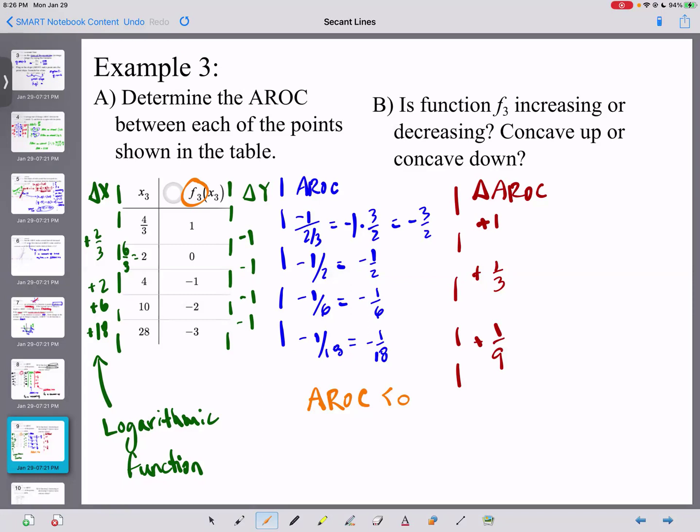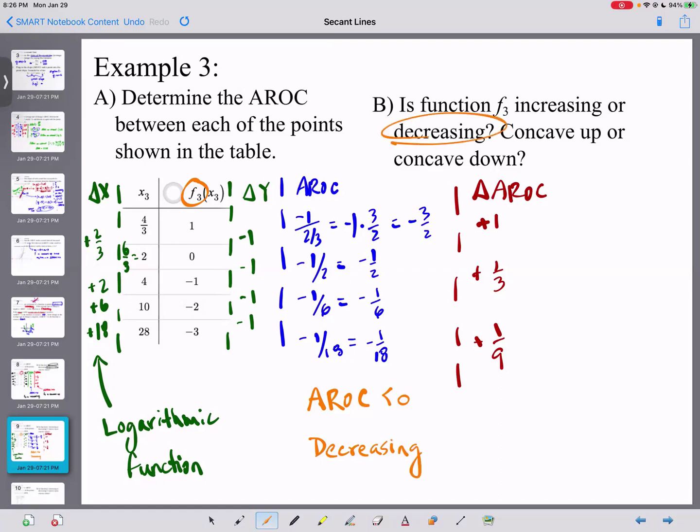Decreasing. It's decreasing because a negative AROC means that it has a negative slope. If the curve were a flat line, it would have a negative slope. Now, obviously, this is a curve, so we don't have slope. We'd call it AROC instead. We'd say it's decreasing.